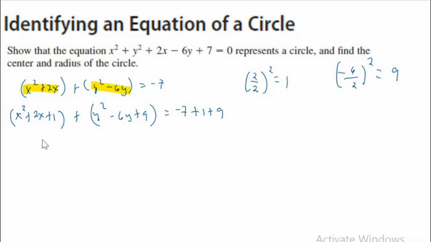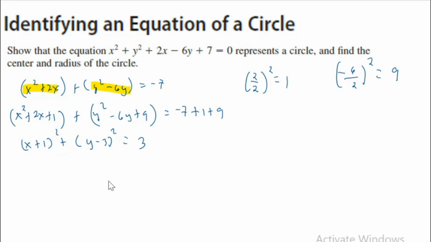After that, we are going to factor this in terms of the square of a binomial. The factor of this gives us the square of (x plus 1), plus the factor of this gives us the square of (y minus 3), equals negative 7 plus 1 plus 9, which gives us 3, because 10 minus 7 is 3.